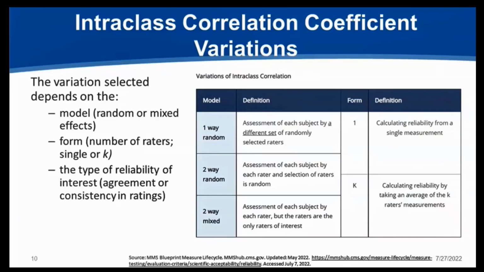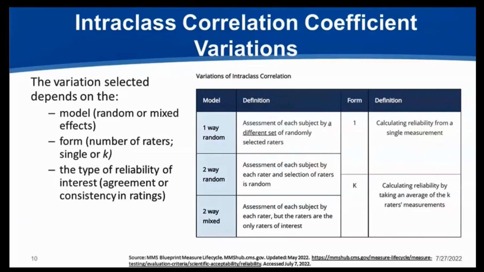Now, the important part here is you may have multiple raters when you're assessing your measure, but if in the actual application of the measure you're only going to rely on one rater, then you really still use form 1, even if you have multiple raters that you're using to assess your measure. So that form corresponds to how that measure will be used in the application.